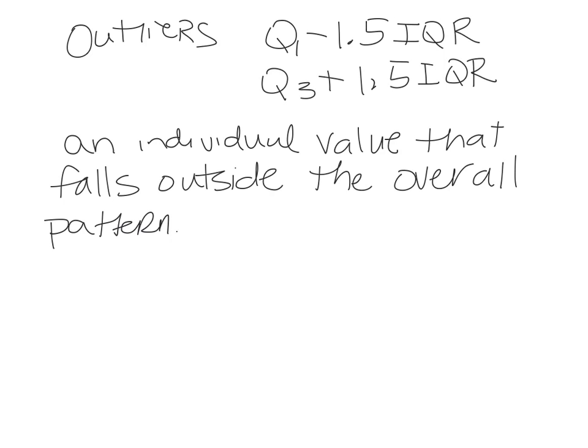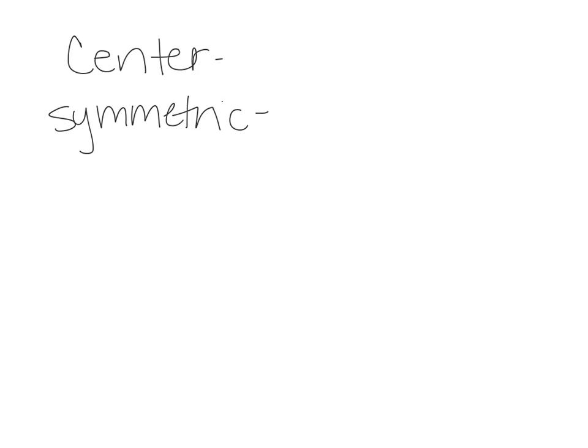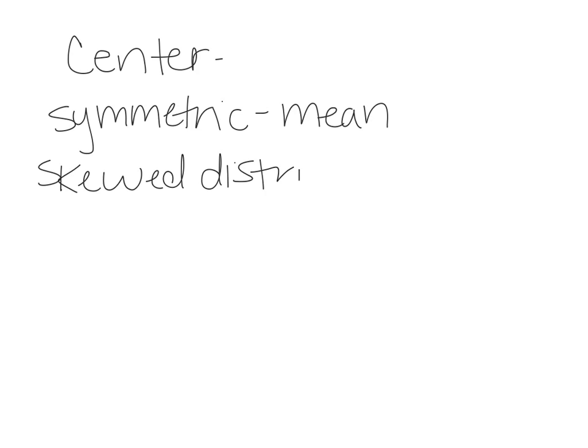And the next thing that we look for is called the center. So the center, when you have a symmetric distribution, single peak symmetric distribution, you're going to use the mean to determine the center. If you have a skewed distribution, you are going to use the median.